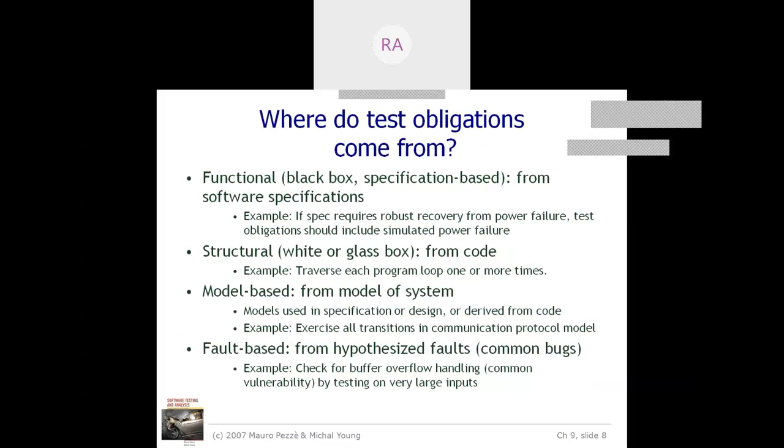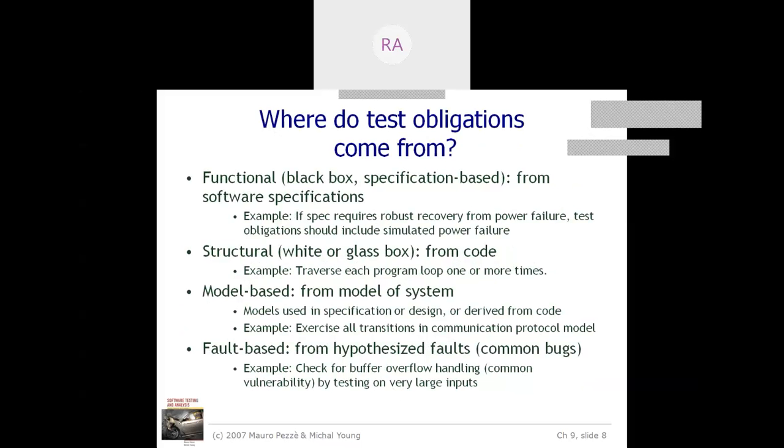One example can be if the specification requires robust recovery, that is quick recovery from a power failure. How will the test obligation be? The test obligation should include a simulated power failure. Whenever you are dealing with testing, most of the things are simulated. You need not have that scenario practically. Whenever you are performing the testing, you need to simulate it.